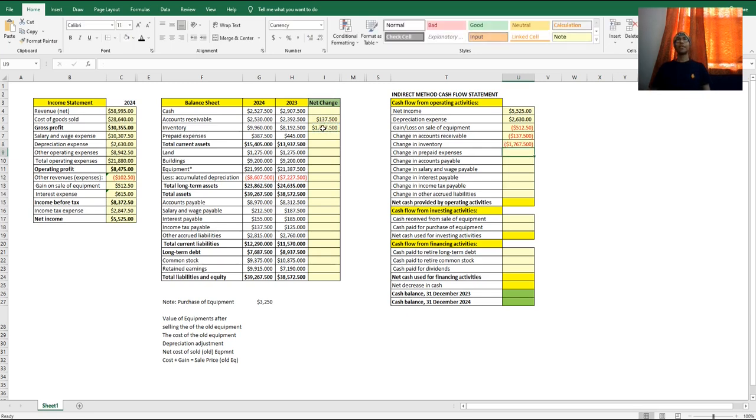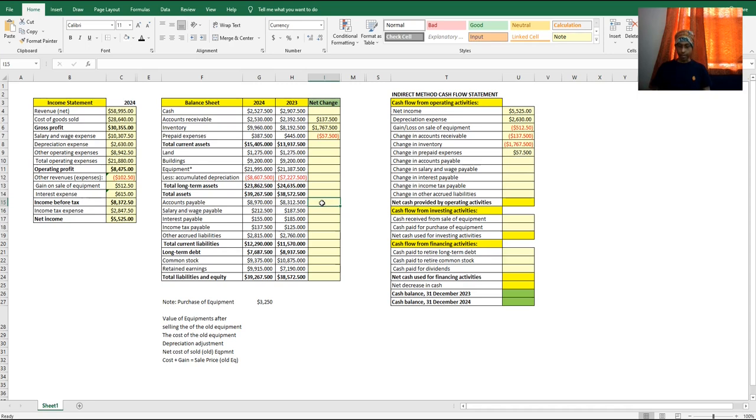Change in prepaid expenses. Let's see if it has increased or decreased. This has decreased. So there has been a decrease in expenses, which means this represents a net cash inflow. So the entry will be positive. Change in accounts payable.